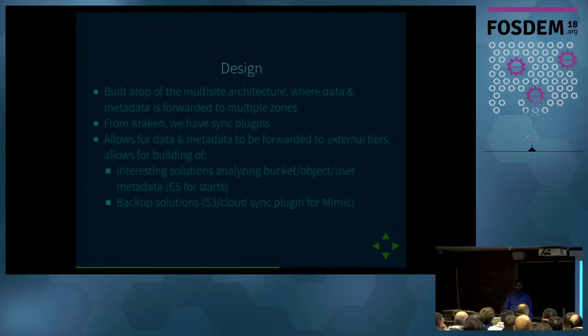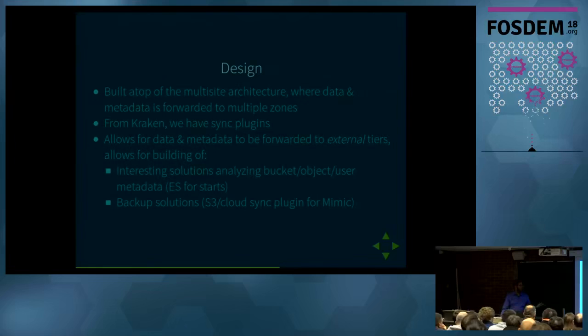So the design is actually built on top of the multi-site architecture. In multi-site architecture, what we implemented is that you have two Ceph clusters and two Rados Gateways, and you are basically translating the object uploaded here onto another remote site. So you already have semantics for asynchronously copying data from this cluster to the other one.